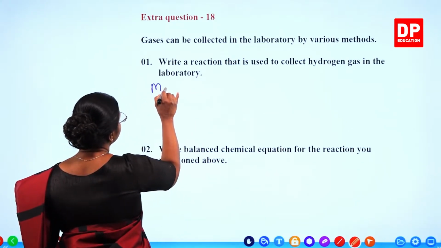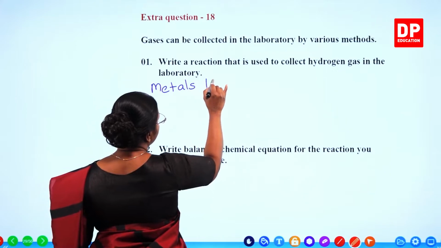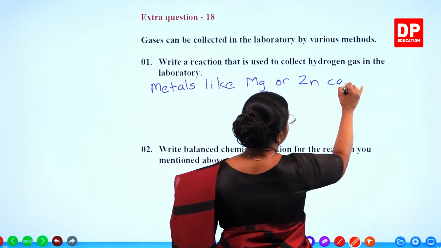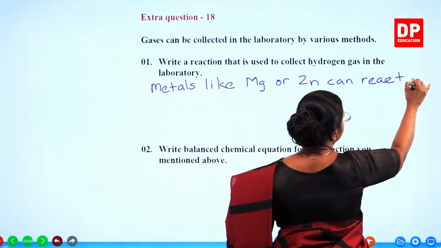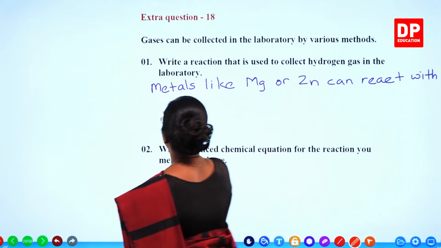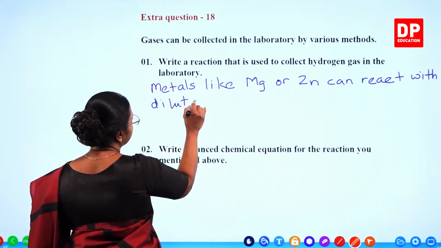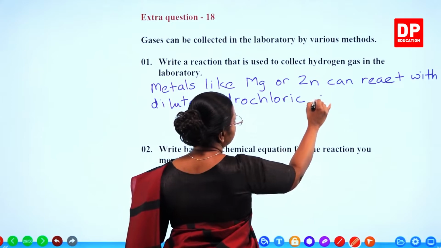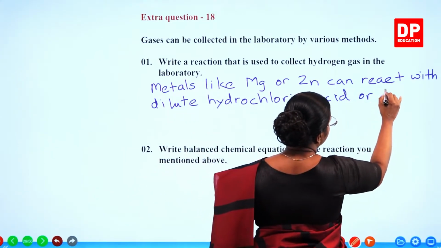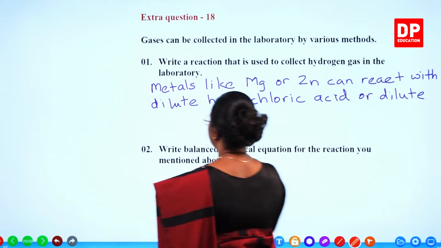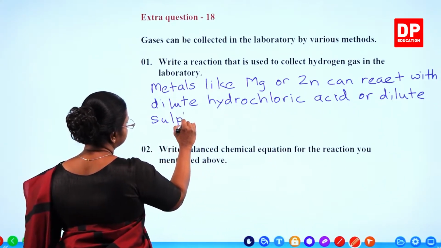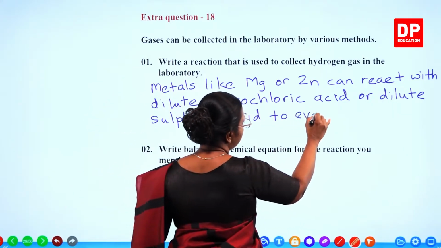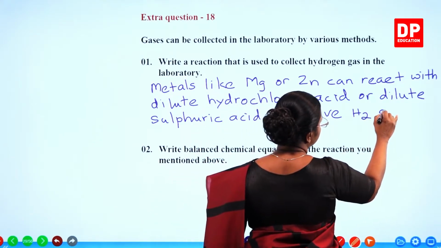So metals like magnesium or zinc can react with dilute hydrochloric acid or dilute sulfuric acid to evolve H2 gas.